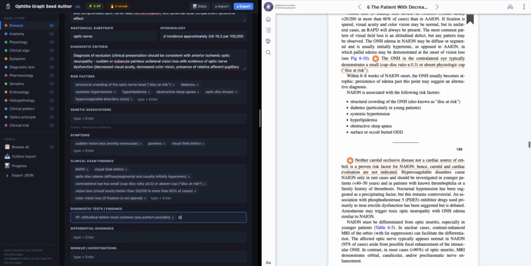diagnostic tests, but as you might imagine, the OCT RNFL shows early thickening, late thinning. Fluorescein should show leakage of optic disc at the optic disc.